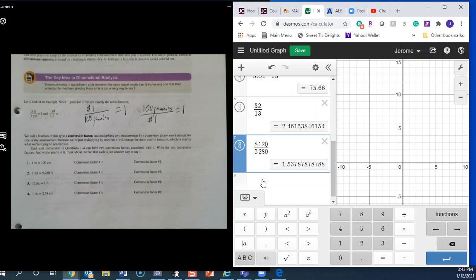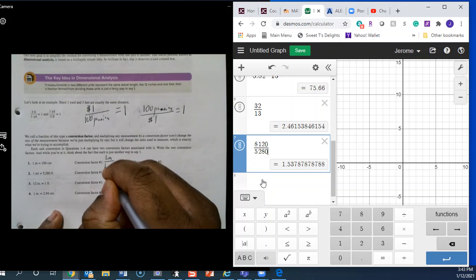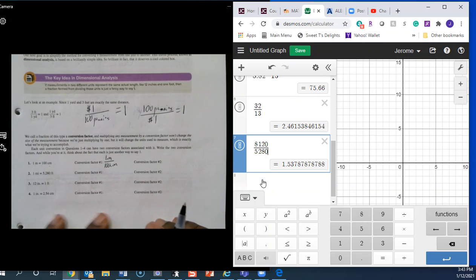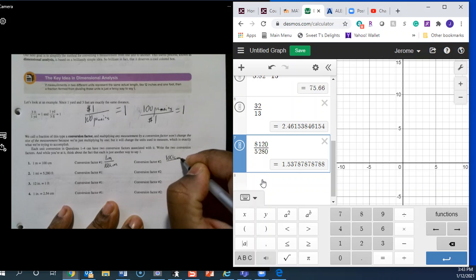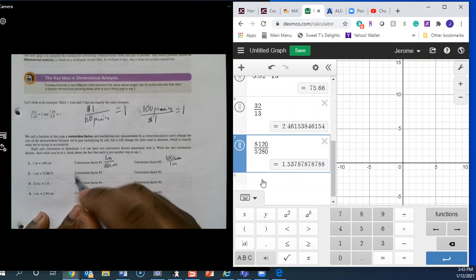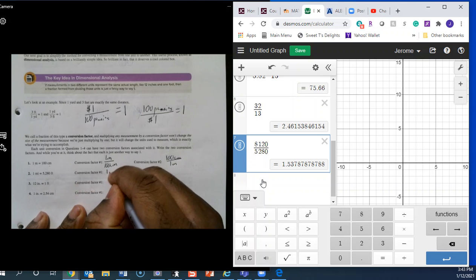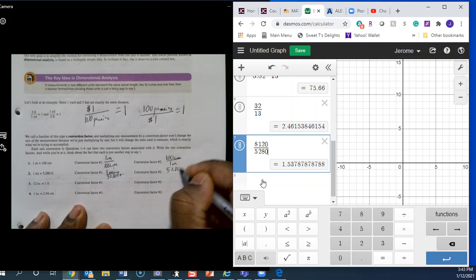Okay, so we have 1 meter is equal to 100 centimeters. So one way we could put it is 1 meter over 100 centimeters. The second way we could do it is put the 100 centimeters over 1 meter. Next, we already did the 1 mile over 5,280 feet, or we could do the 5,280 feet over 1 mile.